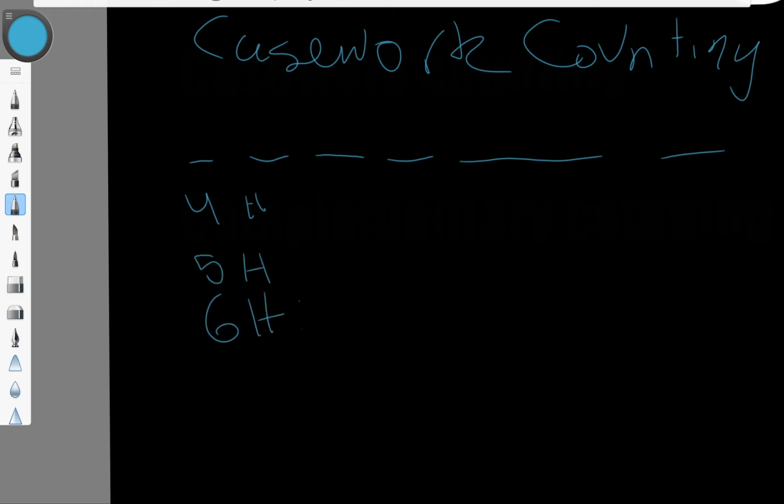Let's work backwards. 6 heads is easy. There's only one way to do that. 5 heads. Here's a very good way to calculate the number of ways to flip coins. We have 6 places, 1, 2, 3, 4, 5, 6.